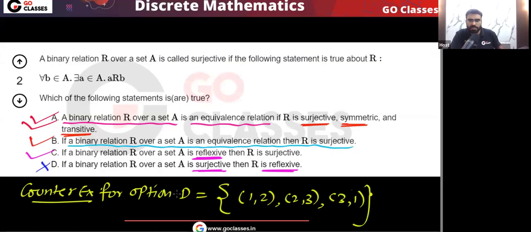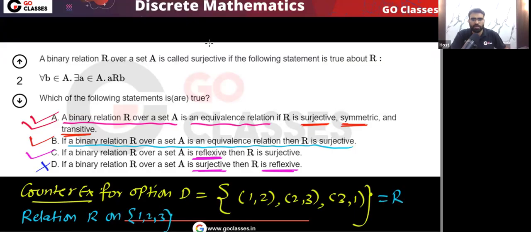Consider this relation on 1, 2, 3. Is this clear? So this is the counter example. You can easily see this is surjective because every element has a preimage, but this is not reflexive. So for this question, the answer will be A, B, C.